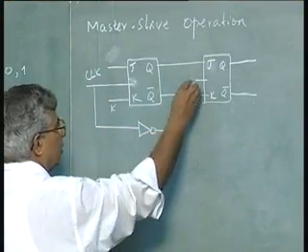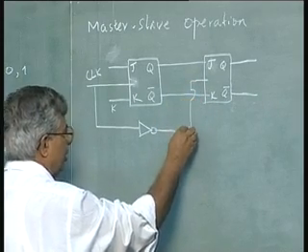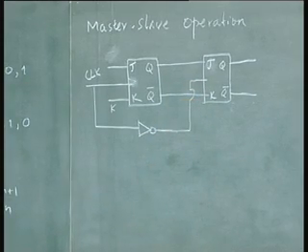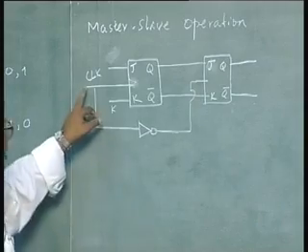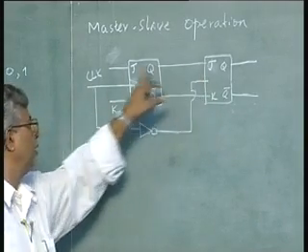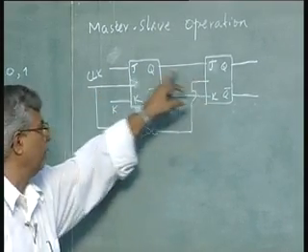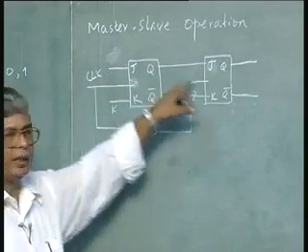When one of the clocks is positive, the other clock is negative, and vice versa. By positive and negative, I mean 1 and 0. So, when the clock is 1 here, it is 0 here, or high here, low there, and low here, high there.